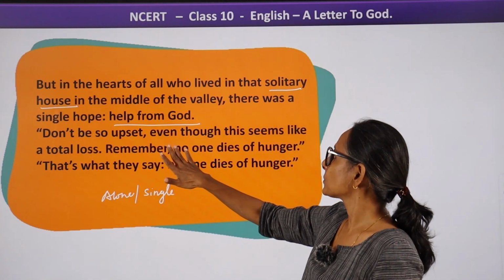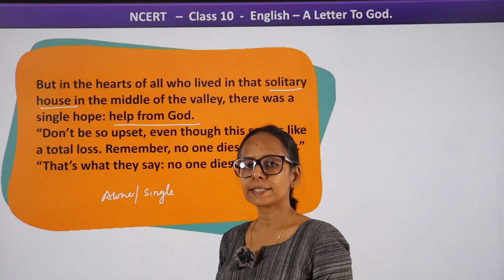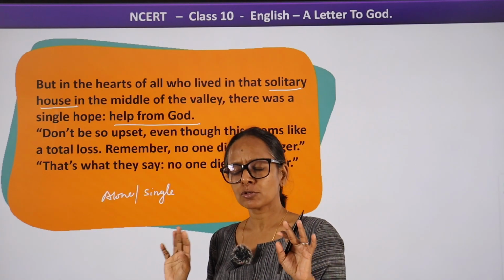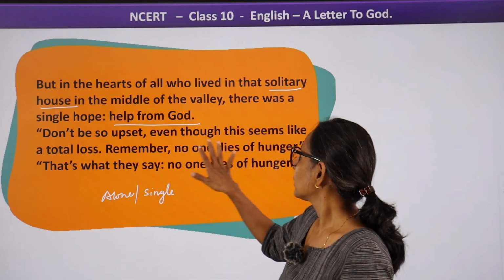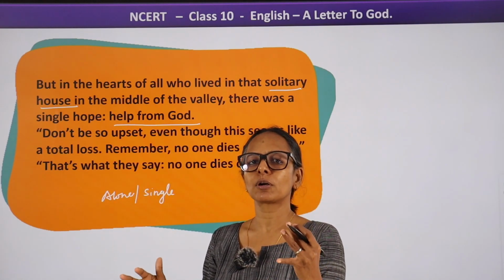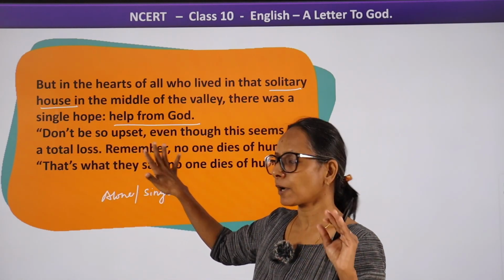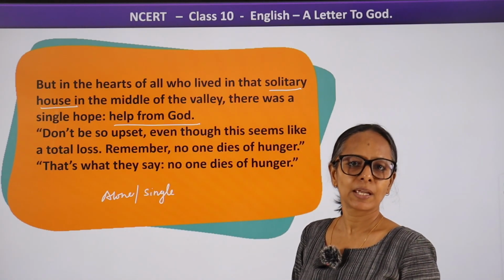Don't be so upset, even though this seems like a total loss. What does Lencho say? Don't be totally upset. Now it looks like everything is gone, but don't be very upset. Remember, no one dies of hunger.